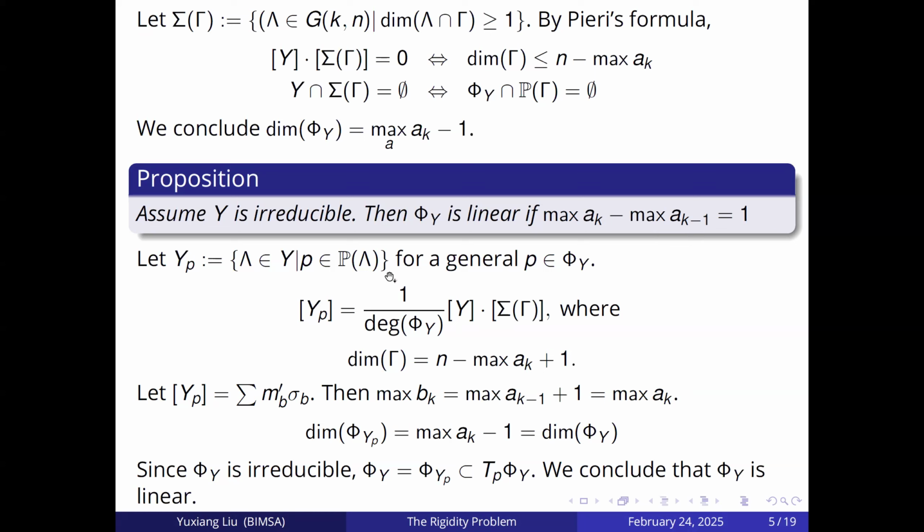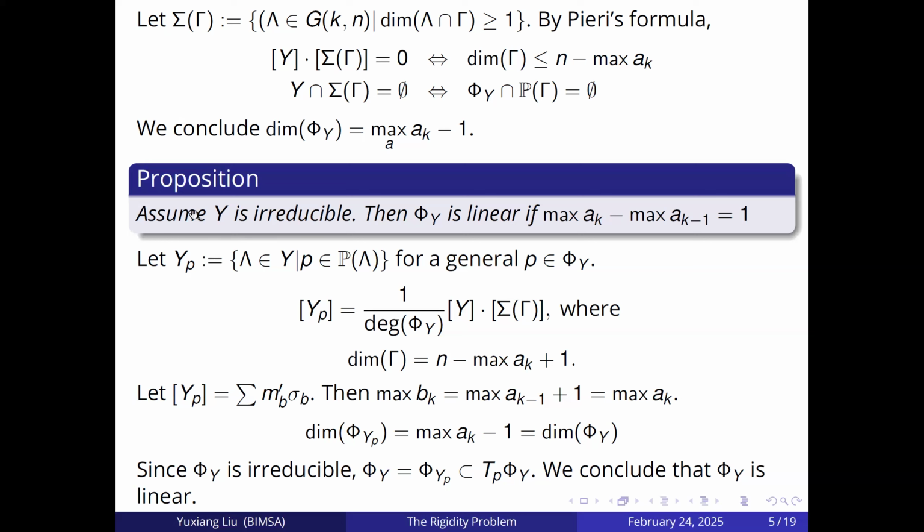Then we can use the same argument as above to find the dimension of phi with respect to these sublocals. So this phi of Y_p is a variety swept out by the projective linear spaces parameterized by these sublocals Y_p. We get this dimension equals the maximum of b_k minus 1, which is the same as the maximum of a_k minus 1, which equals the dimension of phi Y.